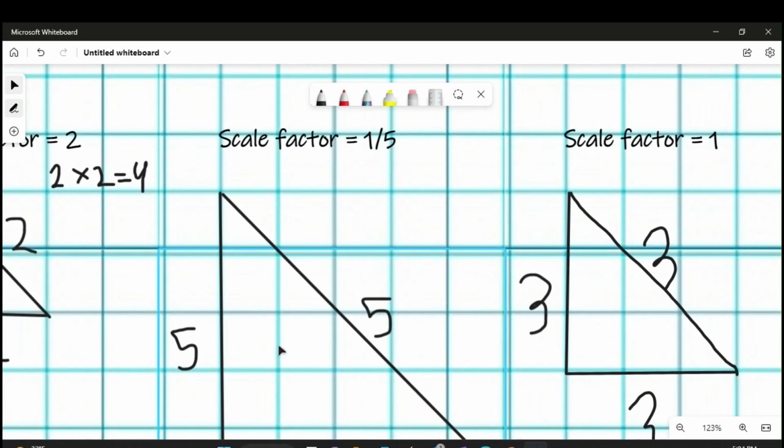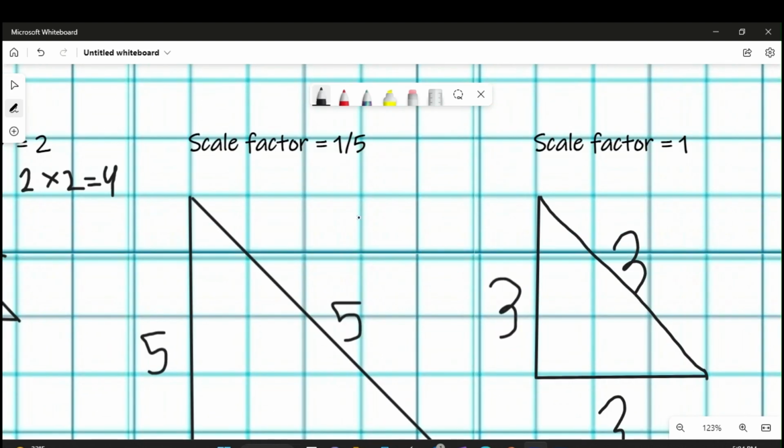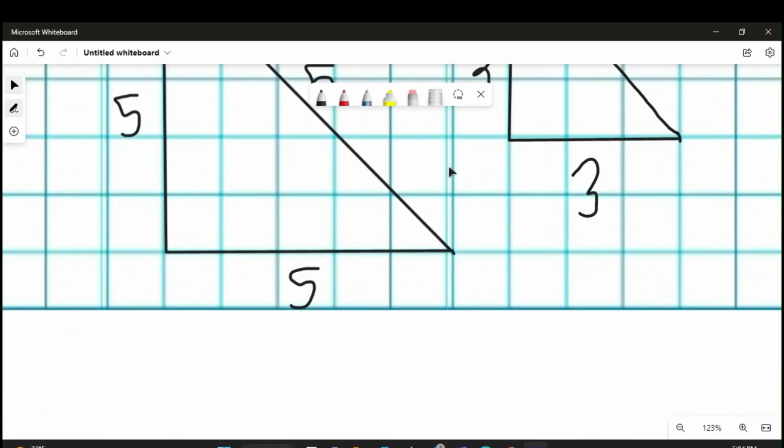Okay, the scale factor for this shape is going to be a fifth. So let's multiply the original side length by a fifth. As we know, 5 times a fifth equals 1, because 5 over 5 is the same thing as 1. Okay, let's now draw a 1 by 1 triangle.